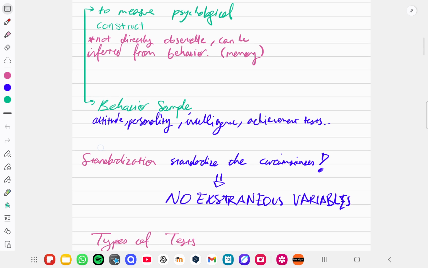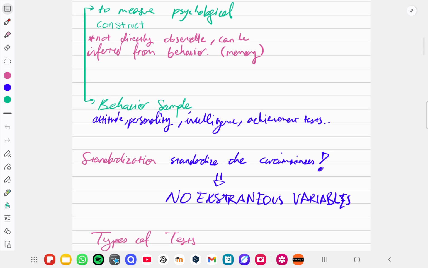So in order to measure a psychological construct, we need to look at the behavior sample. Psychological things are not directly observable. We can't really directly look into the mind of the person, so we have to infer from the behavior. We can give an example based on memory research.